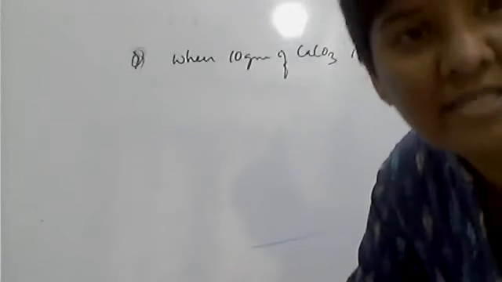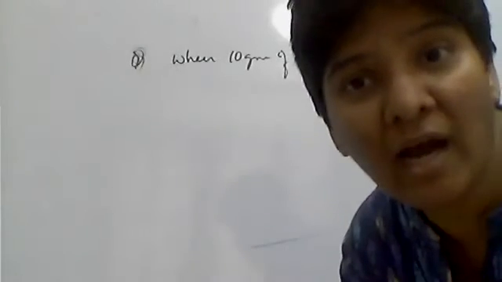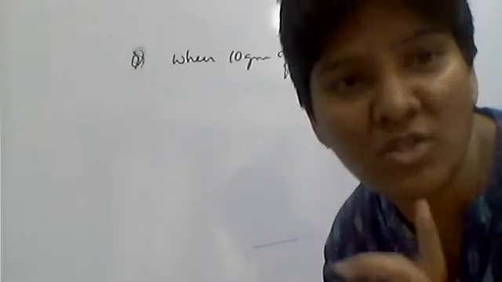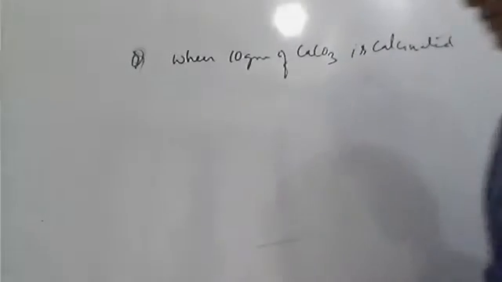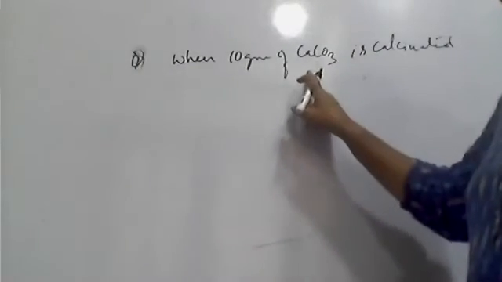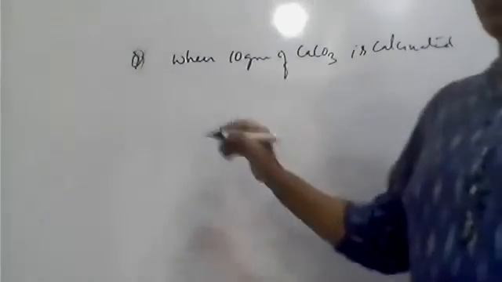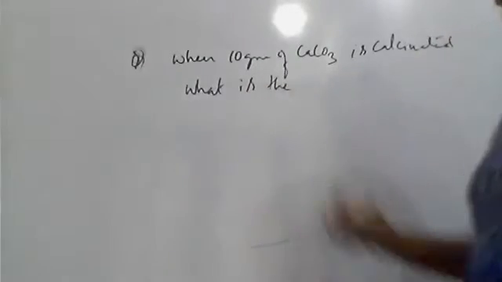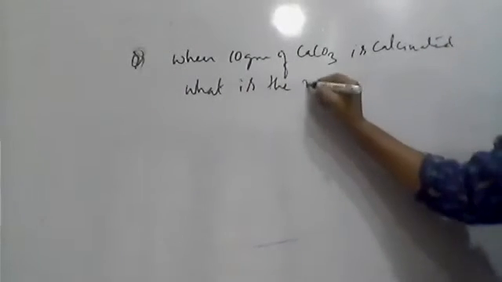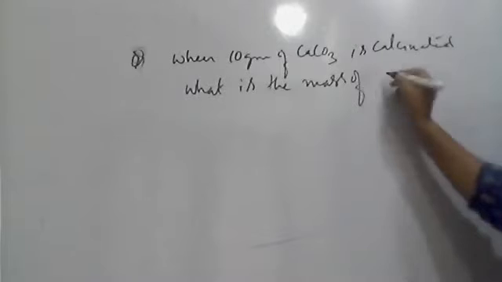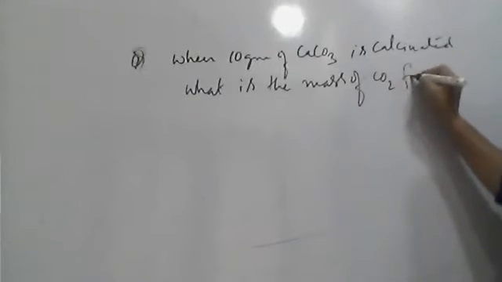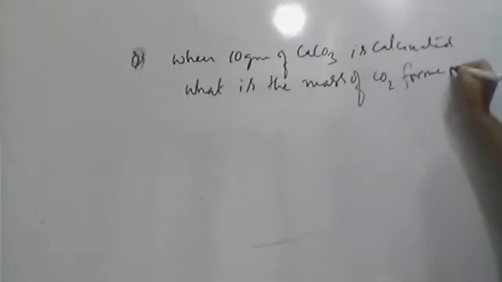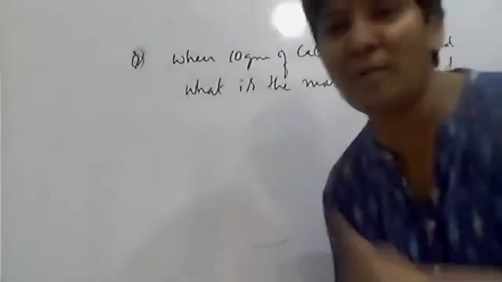Burning without air is calcination; burning in air is combustion or roasting, like chicken roast. When 10 grams of calcium carbonate is calcinated, what is the mass of CO2 formed?